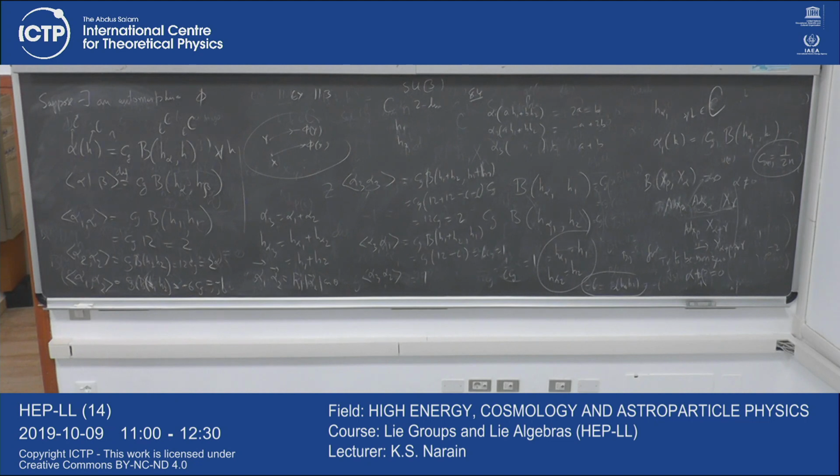So if the algebra has no abelian ideals, then the Cartan-Killing form is non-degenerate, and vice versa actually. But we will not prove that. I will state some theorems, because proving them will take some time.